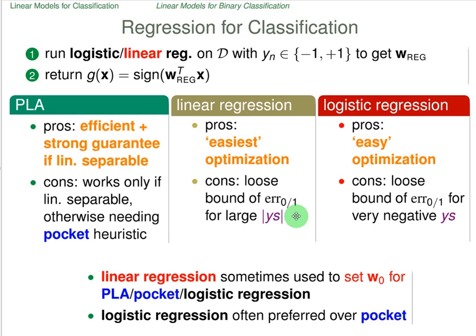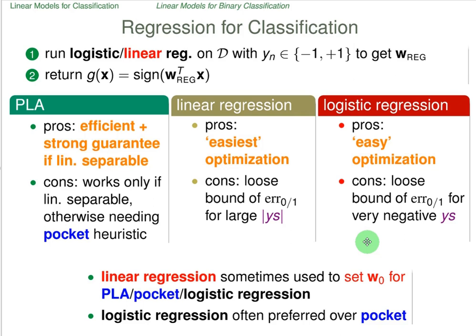We know that linear regression can be useful to set the initial weights for a perceptron learning algorithm, or its pocket version, or even for logistic regression, which involves iterative model selection or iterative hypothesis selection. Okay, and setting these initial weight values using linear regression may be a good starting point for these kinds of iterative optimization problems, which will eventually lead to a better or optimal solution much faster, considering the fact that W-lin can be obtained easily.